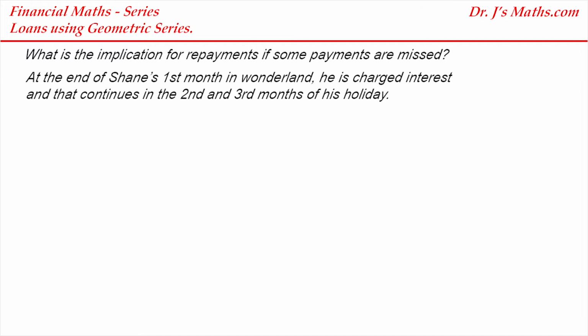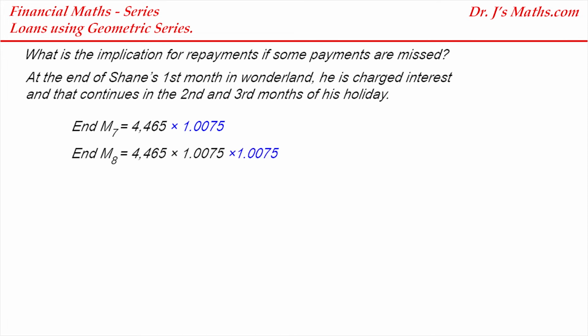Now, at the end of Shane's first month in Wonderland, he is charged interest, and that continues in the second and third months of his holiday. He doesn't know it, he doesn't realise it because he's out enjoying himself. So at the end of month 7, when he's away, that's $4,465, the amount outstanding, times one of the interests.